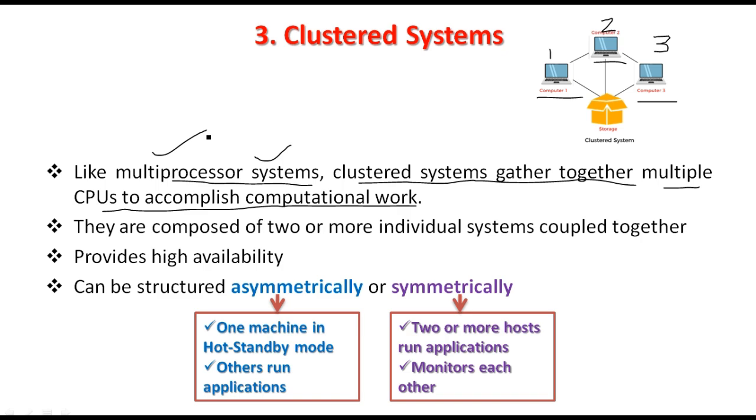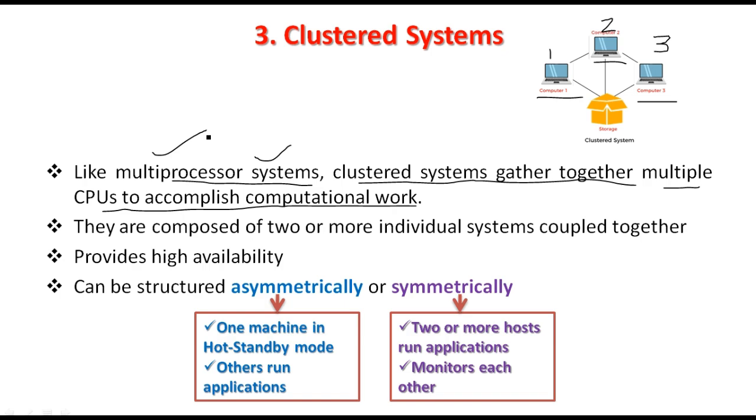As the definition says, a clustered system means we are gathering different systems together and performing the task as one. Therefore the cluster is usually used to provide high availability of service.